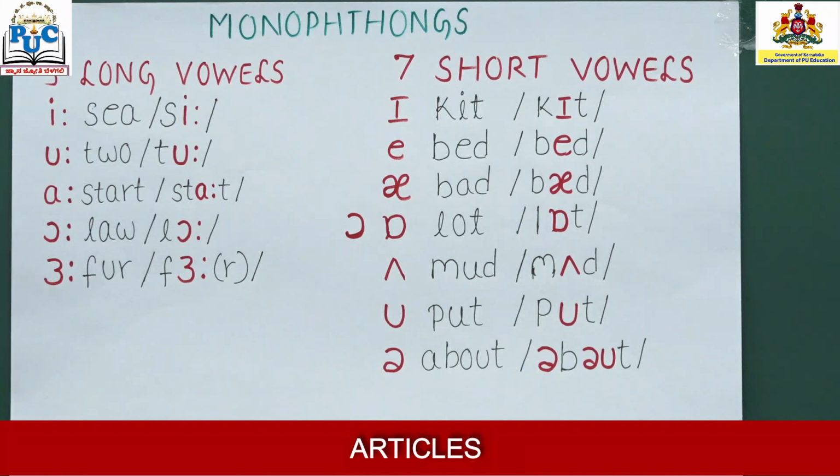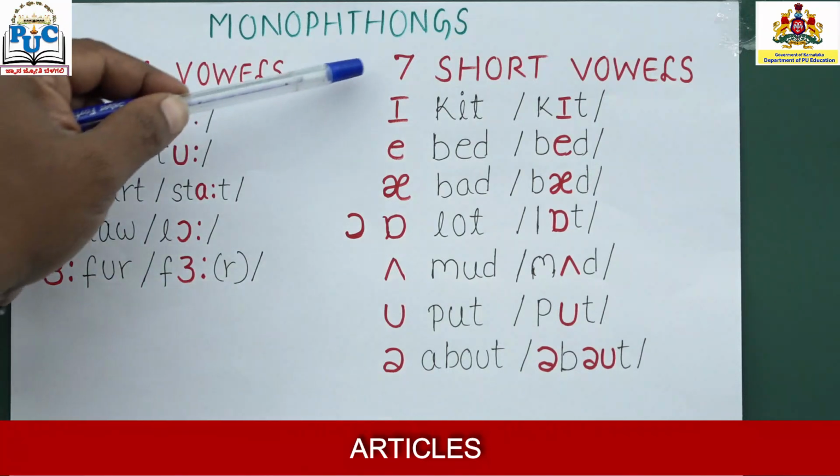See, when I ask you how many vowels are there in the English alphabet, you say it is A, E, I, O, U. That is all you can show in the English alphabet, but in reality there are all these. So now we have learned about the 5 long vowels.